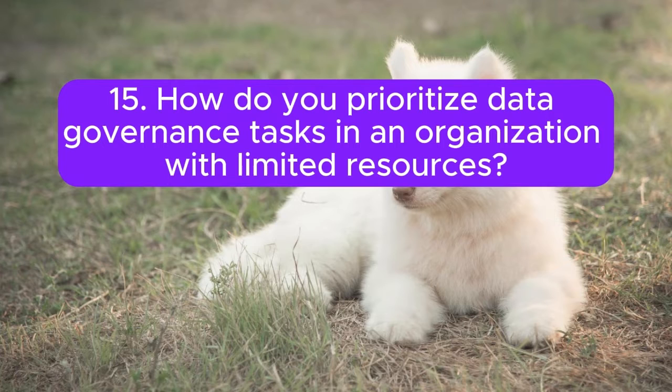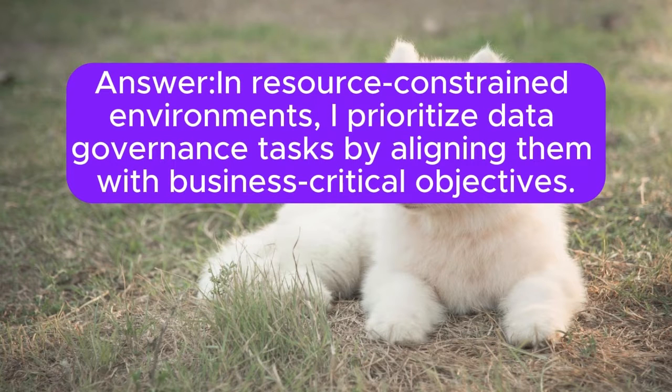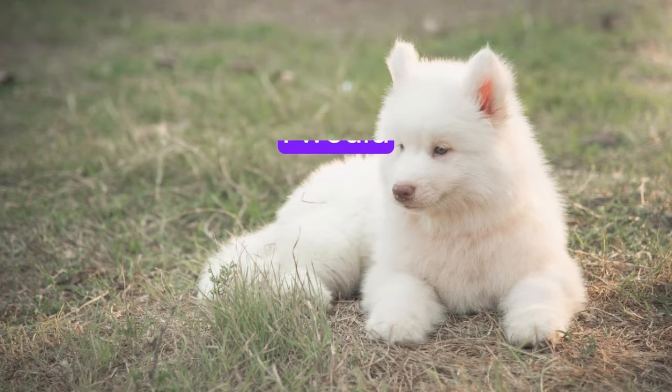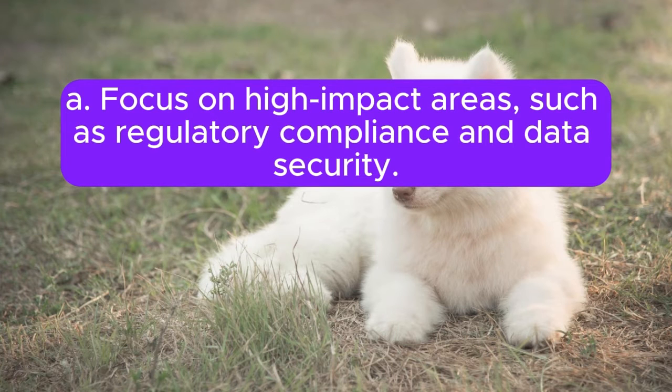15. How do you prioritize data governance tasks in an organization with limited resources? Answer: in resource-constrained environments, I prioritize data governance tasks by aligning them with business-critical objectives. I would A. Focus on high-impact areas such as regulatory compliance and data security.